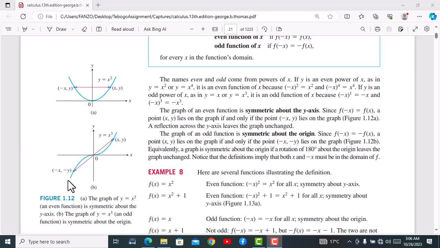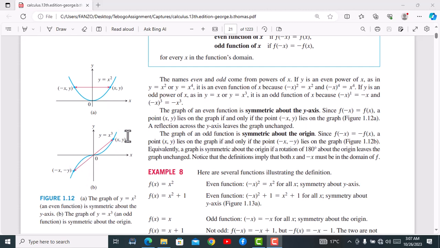So this is how this rotation works. About the origin it leaves the graph unchanged, because you still have, remember, y equals x cubed, here it is, and we have left the graph unchanged.